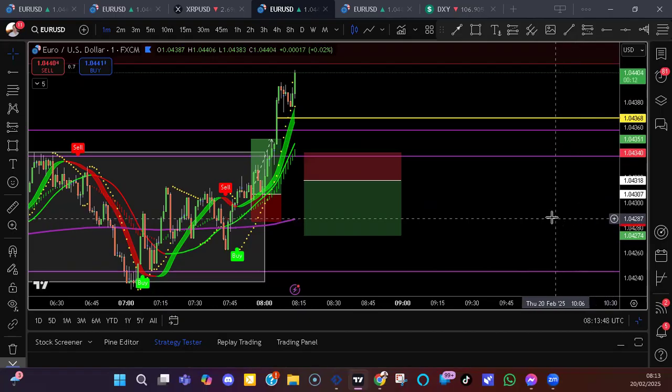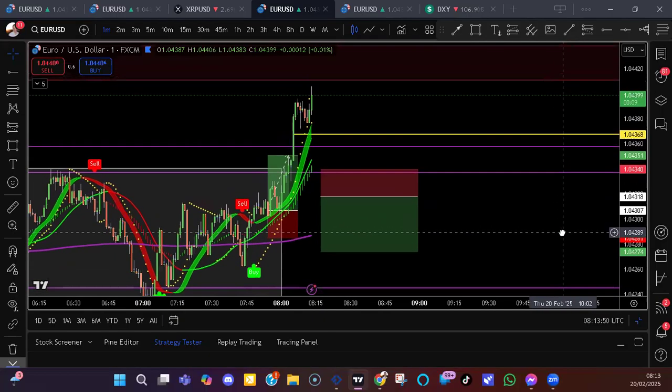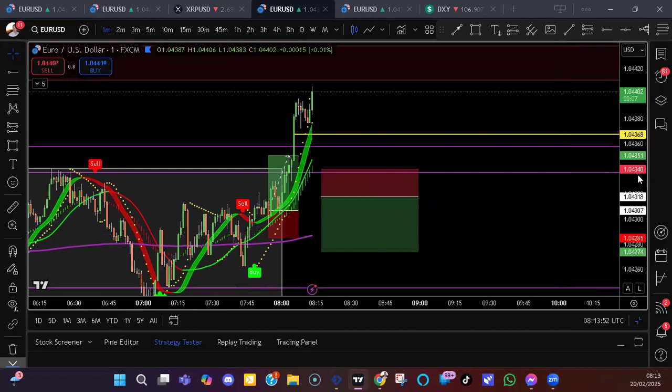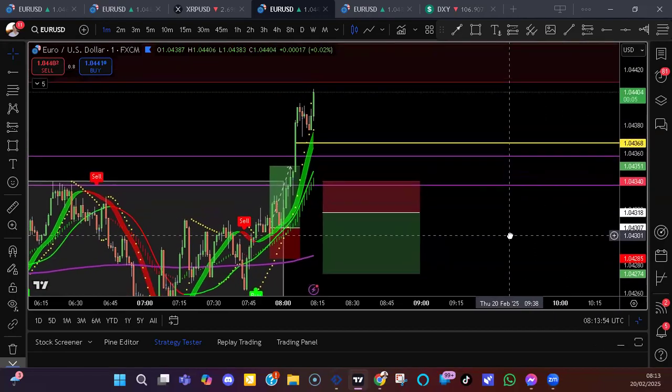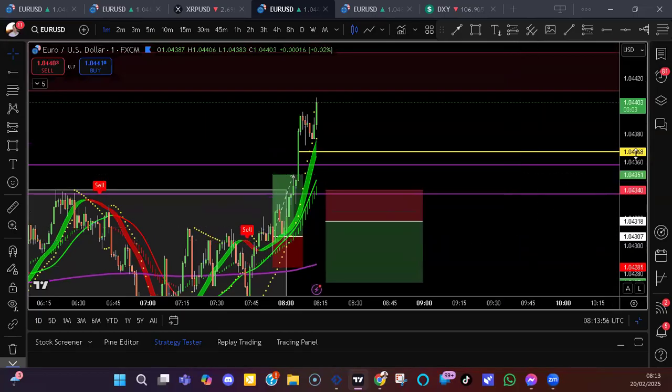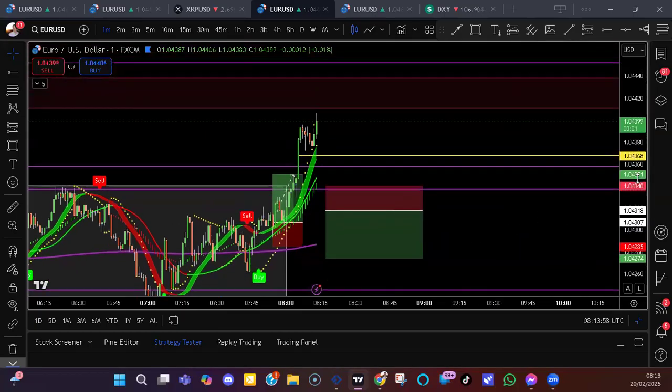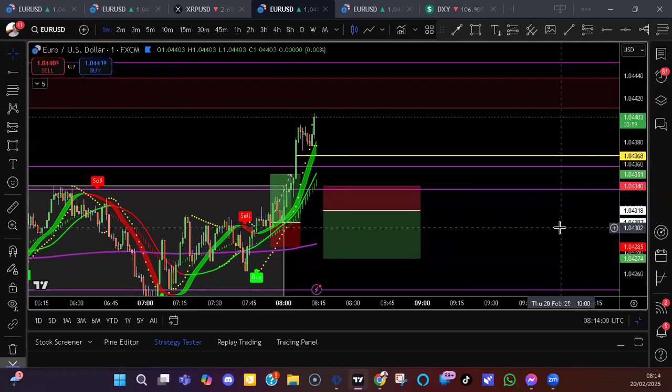And I didn't really know why until about half an hour later. The reason was that the Canadian dollar is mostly driven by oil prices. And unbeknown to me at the time, a big oil tanker was going past the Suez Canal, I think it was, or somewhere there, and it got torpedoed.